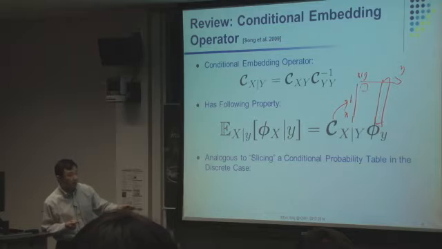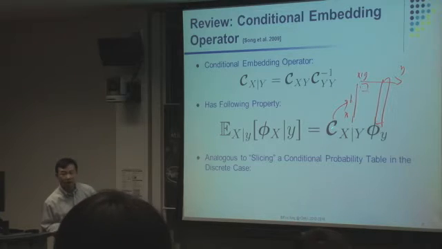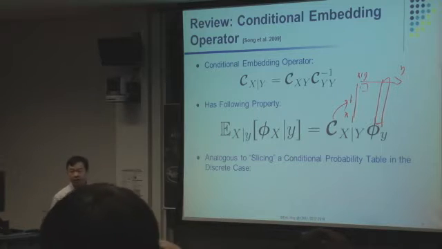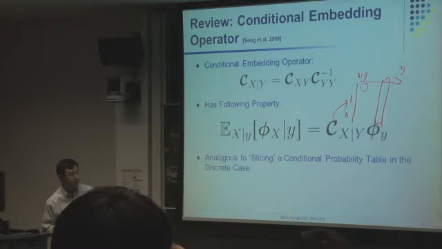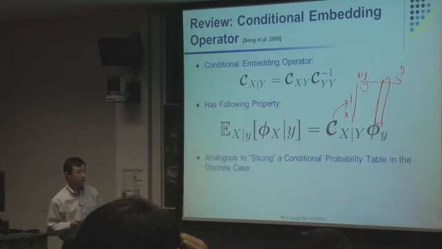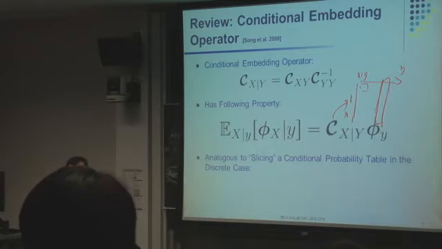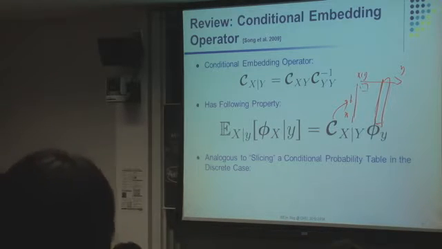And by placing this operator on top of the function, you turn this function into another function. That's roughly translating to turning this matrix into a slice out of it. So this operation is called a slicing operation. You slice a conditional probability table and get a particular distribution out of it.